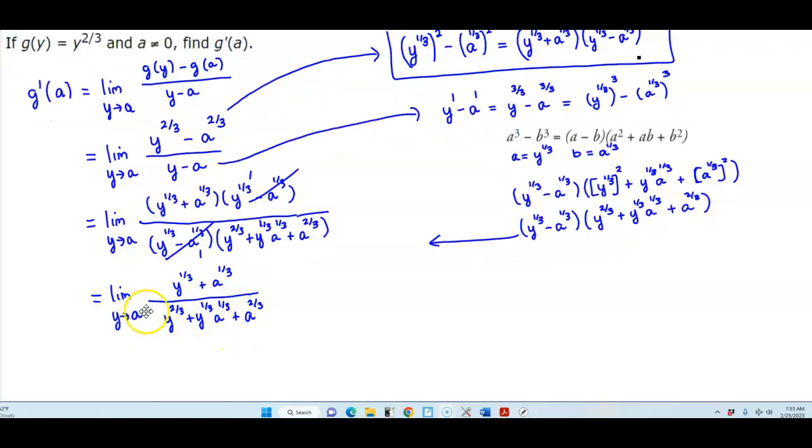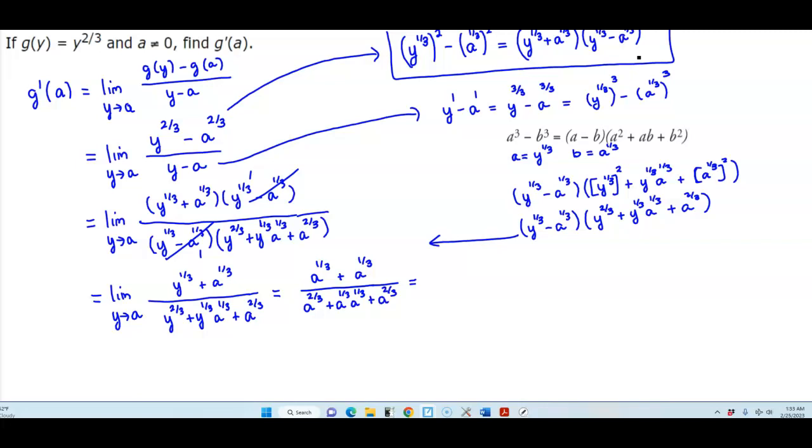So now let's go ahead and evaluate the function. We're going to substitute the y's for a. So we're going to get the following. We have a to the 1/3 in the numerator plus a to the 1/3, divided by a to the 2/3 plus a to the 1/3 times a to the 1/3 plus a to the 2/3.